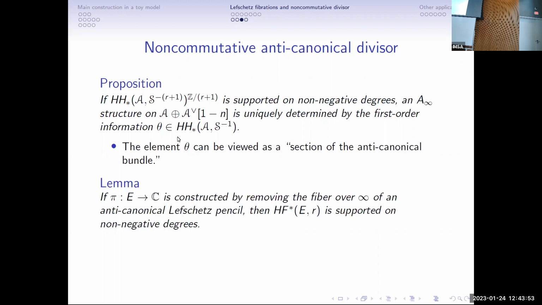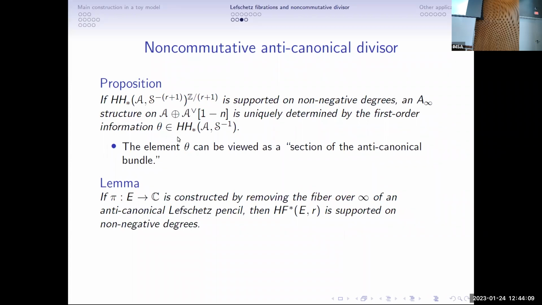And the previous preparations actually tell you that this is the case for Lefschetz fibrations. It says the following. So if we consider a Lefschetz fibration, which is constructed by removing the fiber over infinity of an anticanonical Lefschetz pencil.